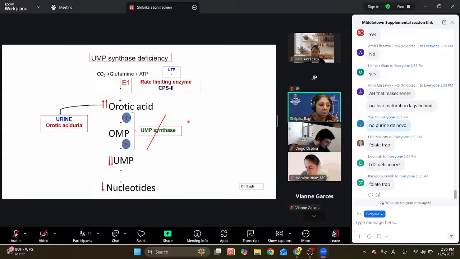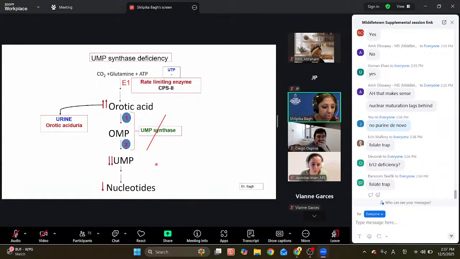So when you see a clinical question stem for megaloblastic anemia due to folic acid deficiency, what would you see? A history of a pregnant female, low folate intake, poor folate absorption or malabsorption, or methotrexate intake. So do you understand that megaloblastic anemia can be seen in folic acid deficiency, B12 deficiency, and UMP synthase deficiency?